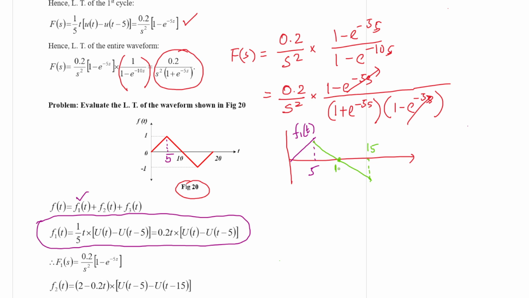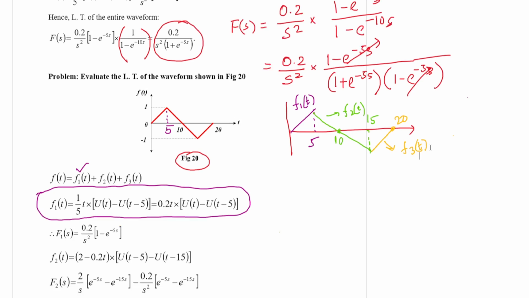Intermediate, this is 10. So 5 to 15, we call this one as F2t. We will solve F2t in a moment. And lastly, we have F3t from 15 to 20. So we call this as F3t. So these three parts, if you add these three parts, we will get the total expression or total waveform, right?